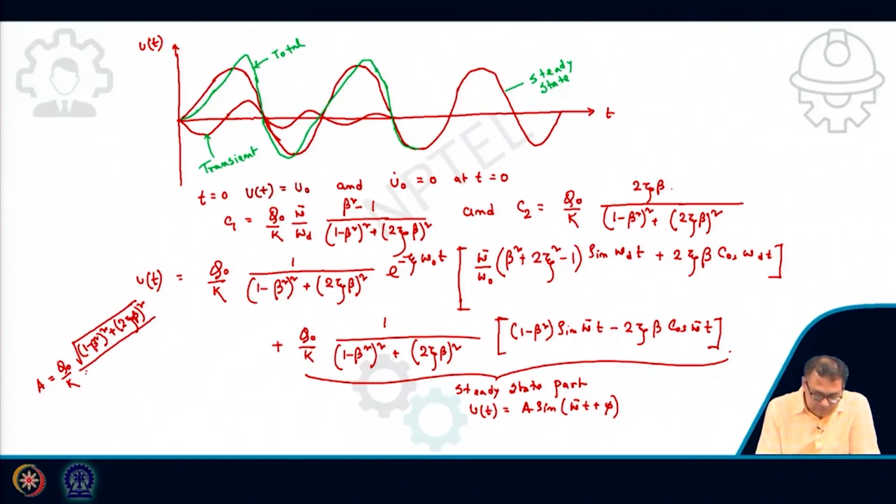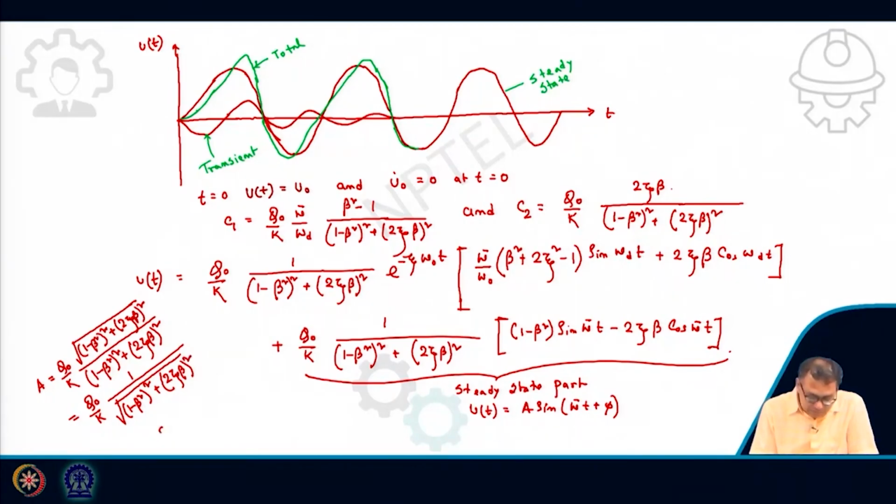Then here this is 1 minus beta square whole square plus 2 damping ratio beta whole square, because we are writing the A value here, and then root over a square plus b square, that we have already discussed. Now if you simplify that, finally you will get Q0 by K into 1 by root over 1 minus beta square whole square plus 2 damping ratio beta whole square.